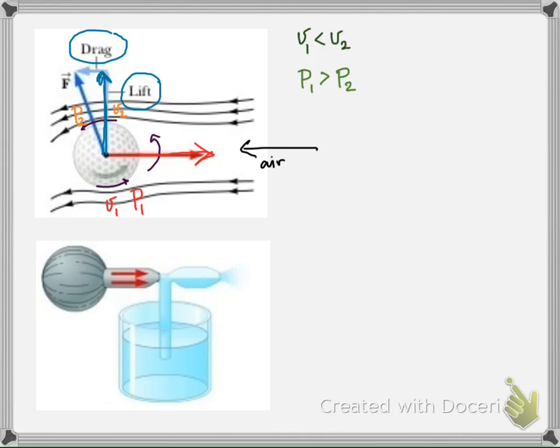So the net force is something like this, and the result is that it makes the ball move in a curved path, for example, like this. You can hit the ball in a certain way to make it move in a curved path, and that is due to the spin of the ball.